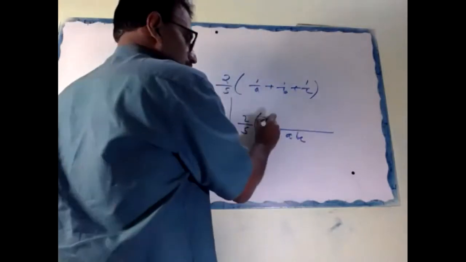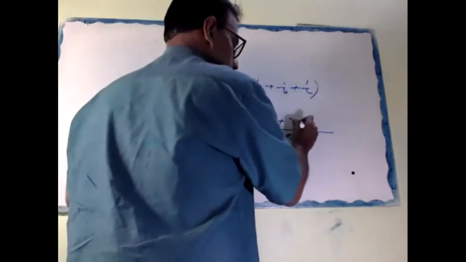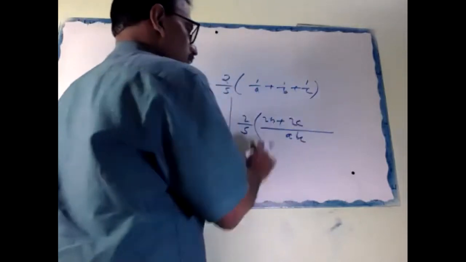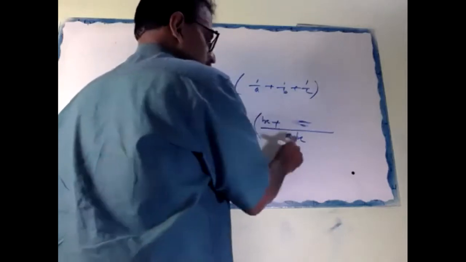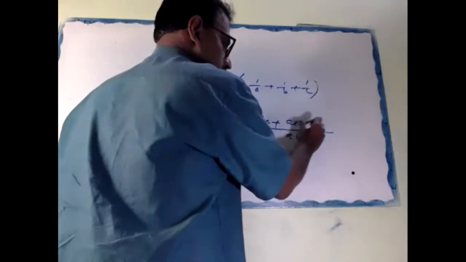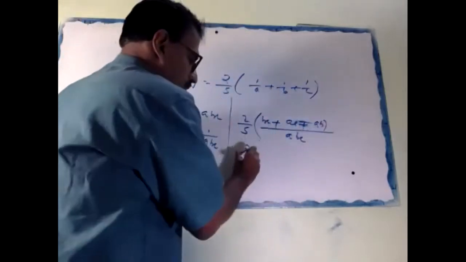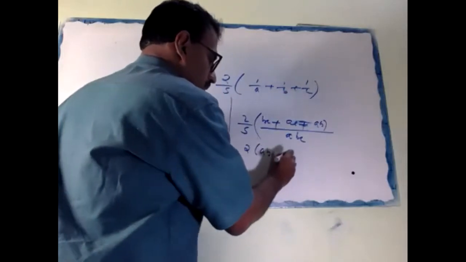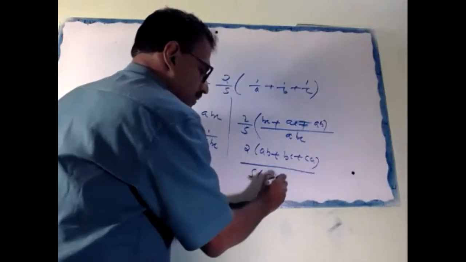ABC by A, BC. ABC by B, AC. ABC by C, AB. So that means 2 times AB plus BC plus CA divided by S into ABC.